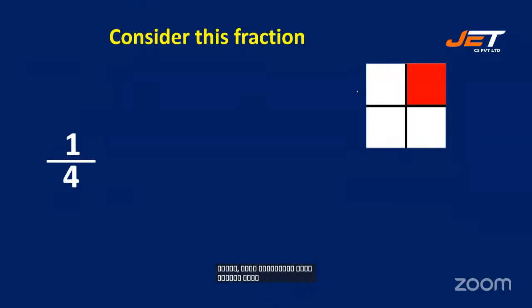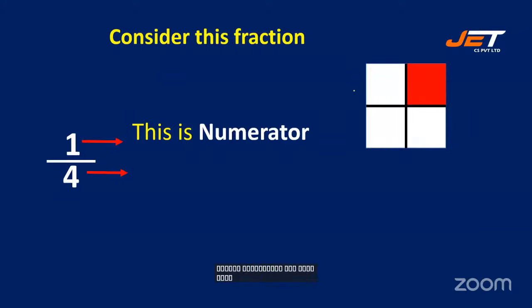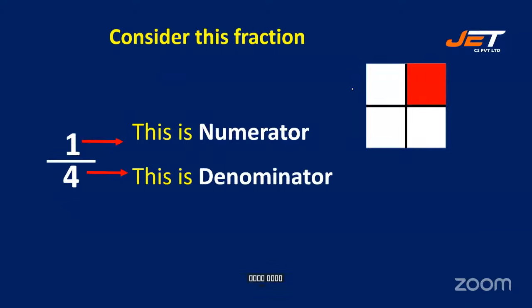All right, now consider this fraction. Now we have 1 by 4. Now this is the numerator and this is the denominator. See how beautifully the fractions are being introduced. It's very clear, isn't it, students? So we have 1 divided by 4, whereby we say 1 is the numerator, 4 is the denominator.